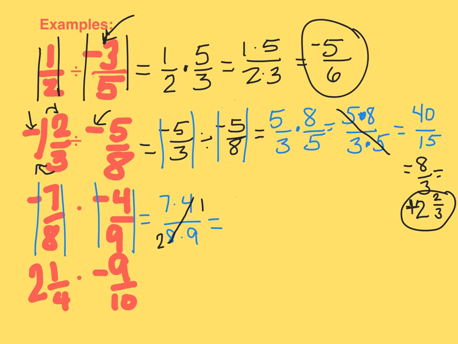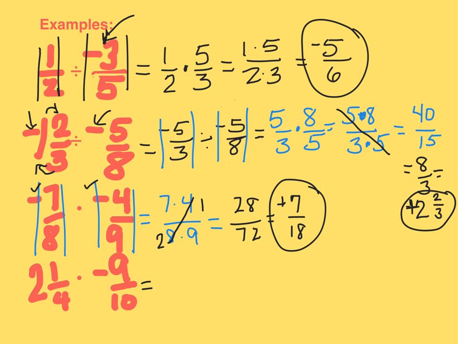However, if we hadn't reduced, we would have known that 7 times 4 is 28. 8 times 9 is 72. And that reduces to that 7 times 1, which is 7 over 2 times 9, 18ths. So either way, it gets you to the correct answer. Count the number of negative signs. There are 2. That's an even number, so this is a positive 7/18.